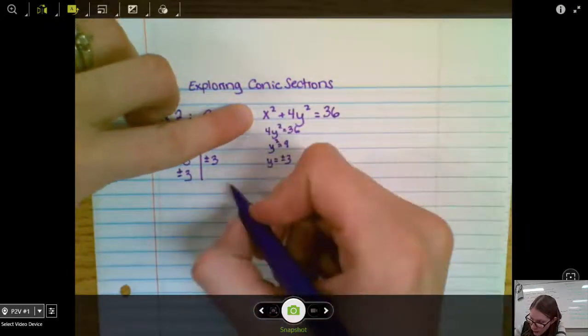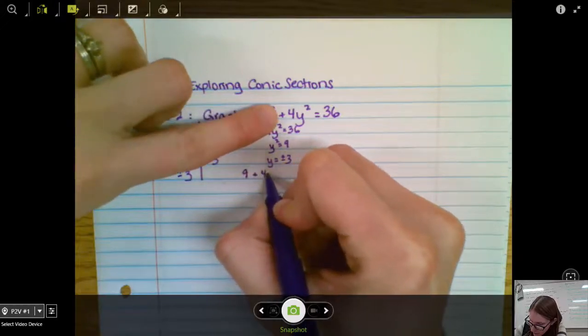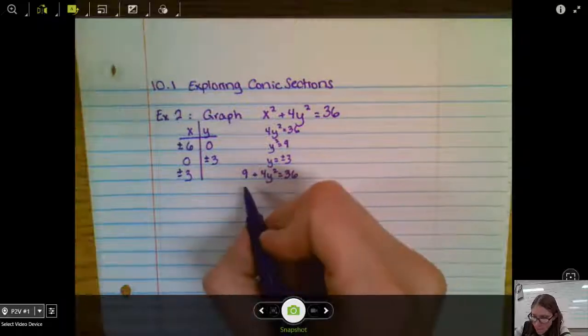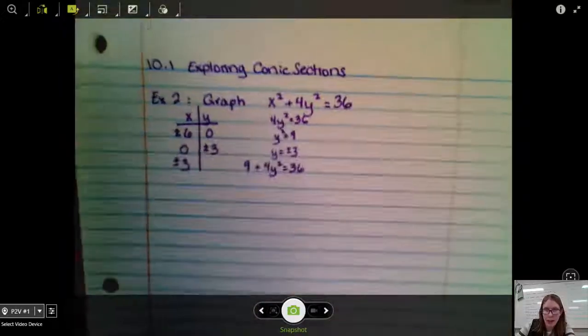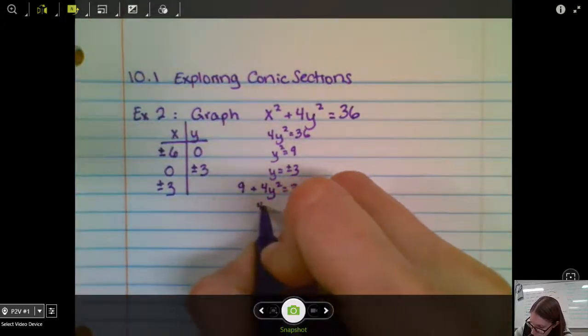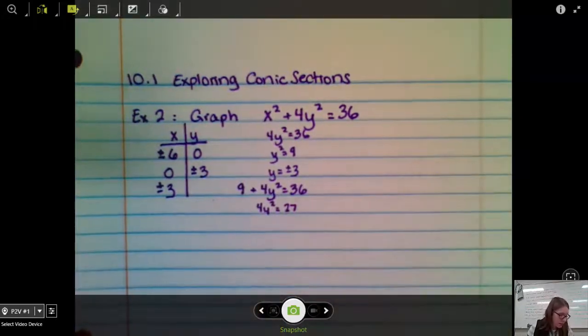Plug 3 in here, we get 9 plus 4y squared equals 36. To solve for y to get y by itself, just like any normal equation, we would subtract 9 from both sides. And that gives us 27 here.